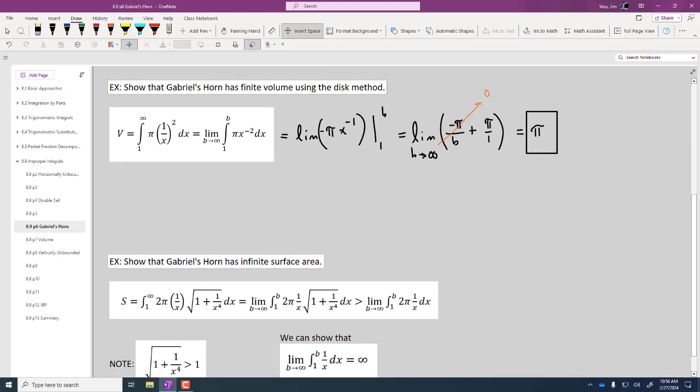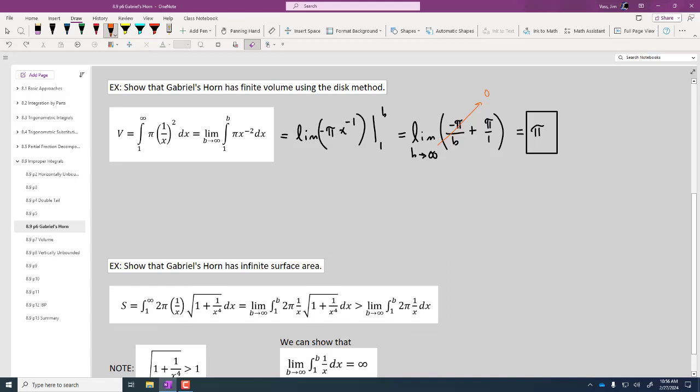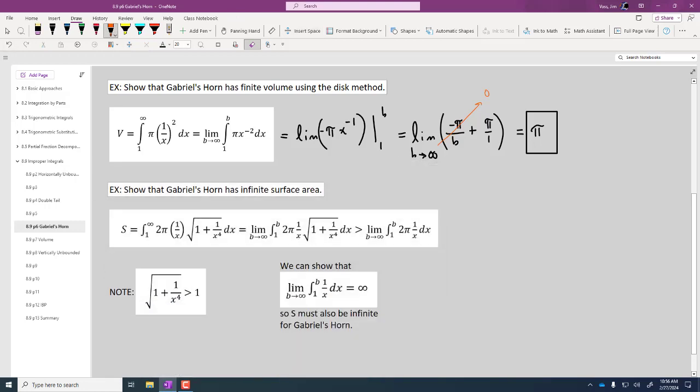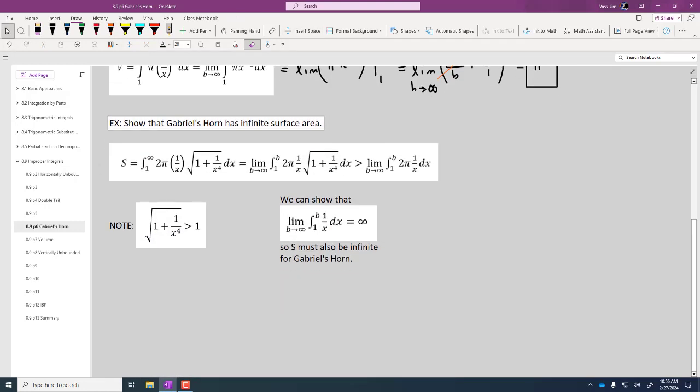So surface area, again, 1 to infinity. And for surface area, we do what we always do. 2 pi r times ds. So here is the 2 pi r. Again, the radius is the 1 over x. It's the function. So 2 pi r is circumference. And then we multiply by ds. This part right here is ds.